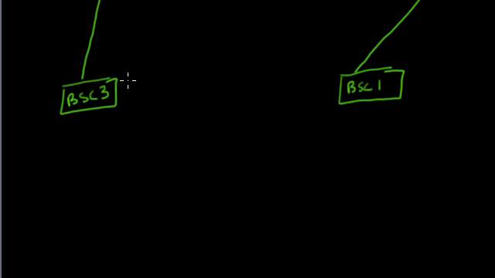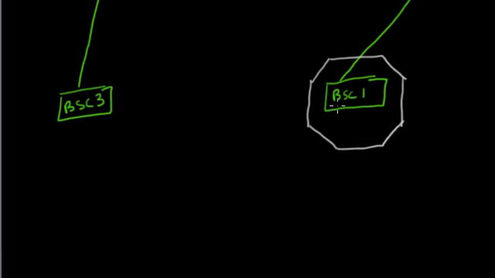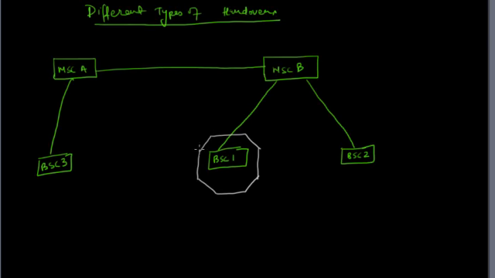Now let's draw some cell sites around these three BSCs to illustrate the example of different types of handovers. Okay, I'm going to do my best to draw hexagonal cell sites. Maybe this is 1, and then let's say it's 2.